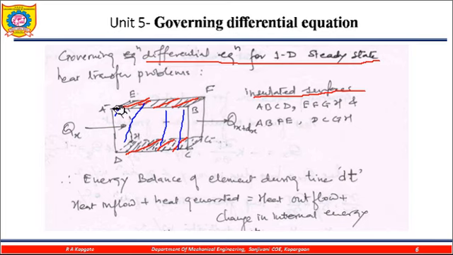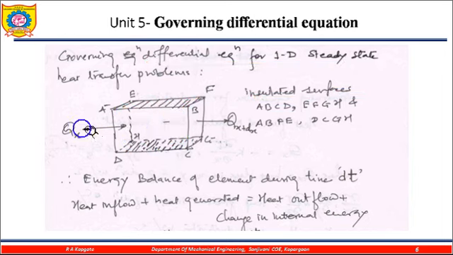So side 1, side 2, then opposite to that 3, and this one is 4. Four sides are insulated. Hence heat transfer takes place only in this way.